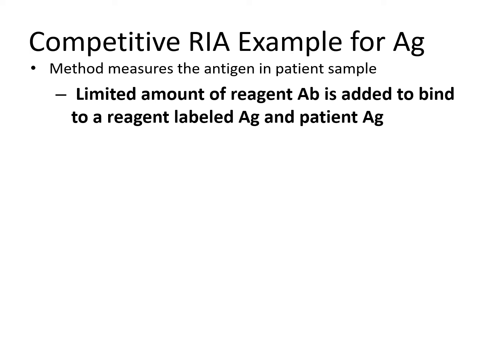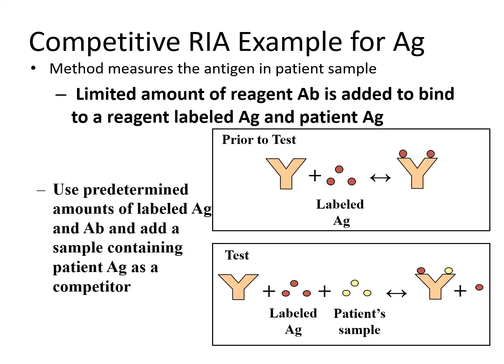So in this case, a limited amount of reagent antibody is added to bind to reagent labeled antigen. There will be a competition of this patient's antigen and the labeled antigen for the reagent antibody. But this antibody is limited. That means there is not enough antibody that can react to both the labeled antigen and the patient's antigen.